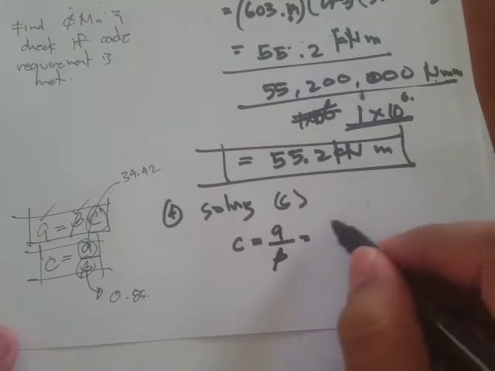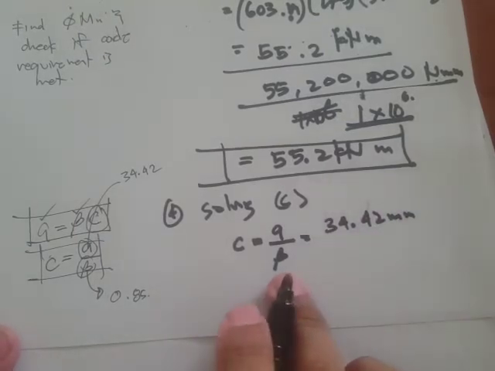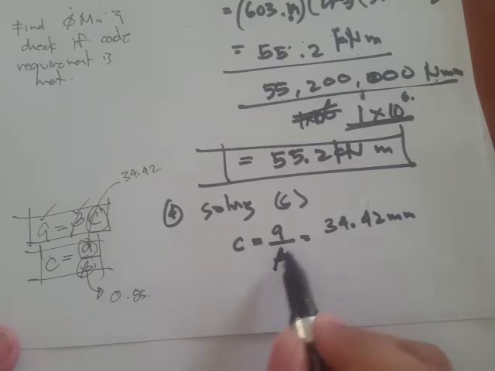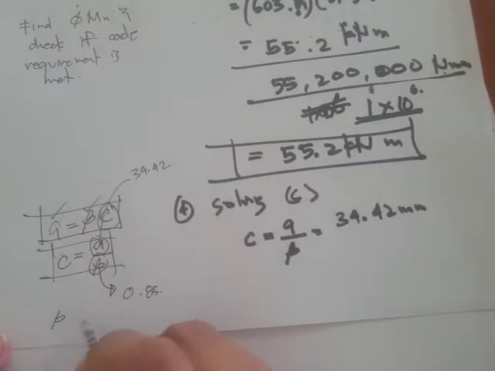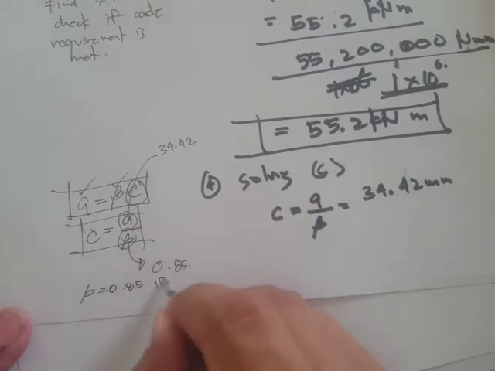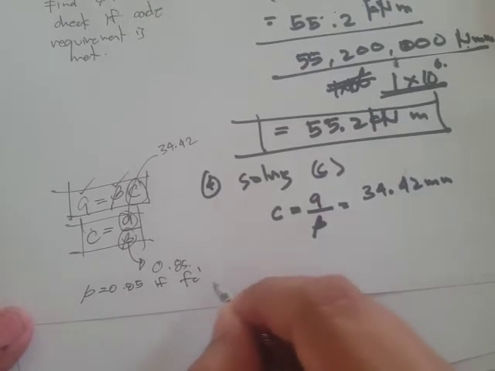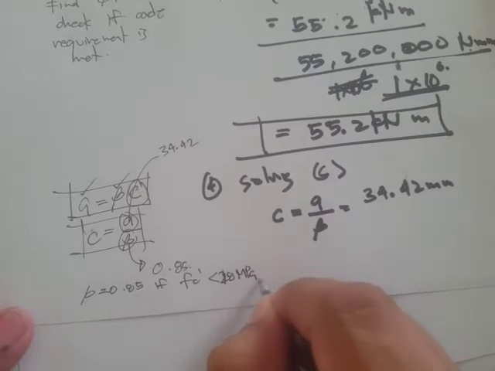So c is equal to a all over beta. What is a? 34.42 mm. And what is this stress block factor? Recall that beta is equal to 0.85 if f'c is less than 28 megapascals.